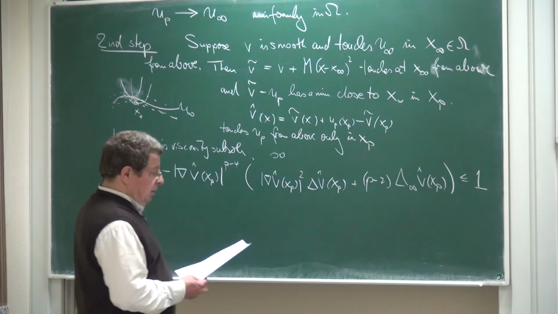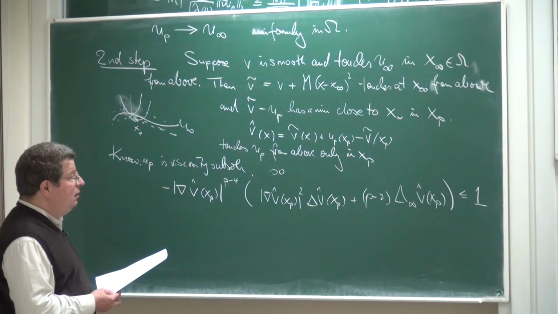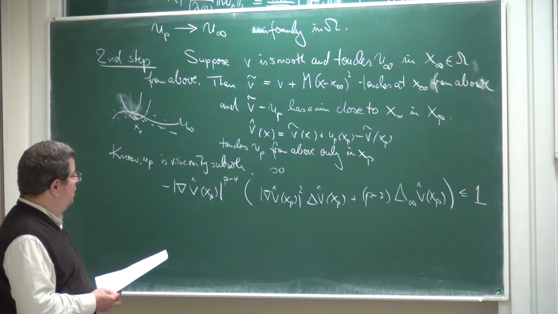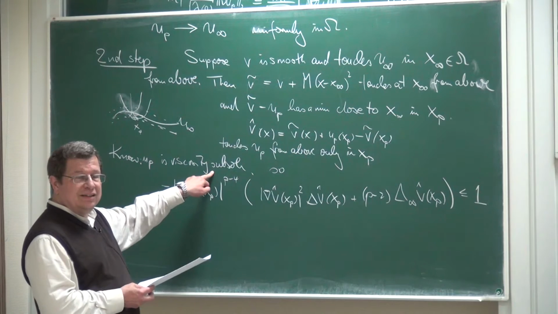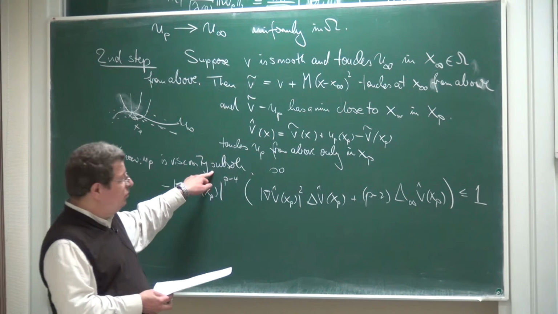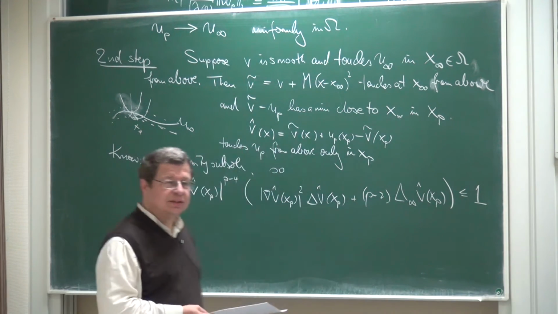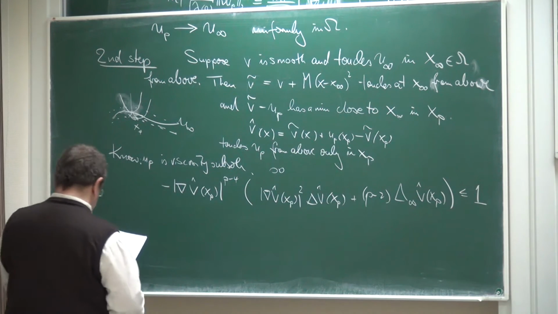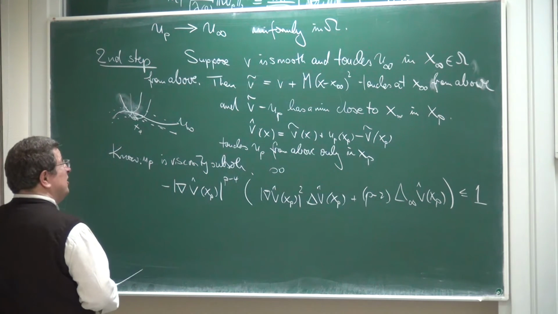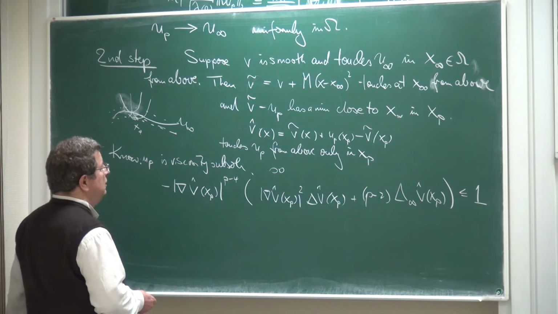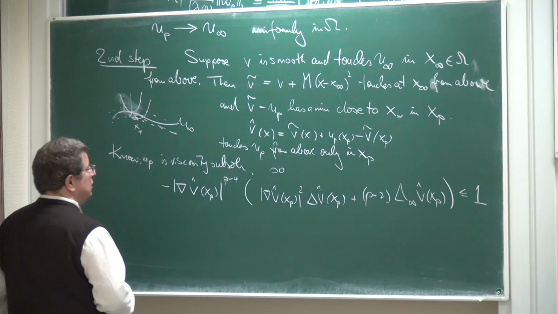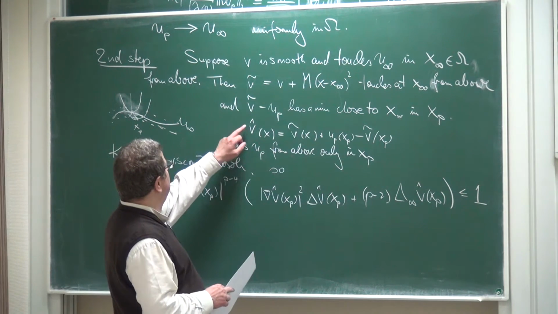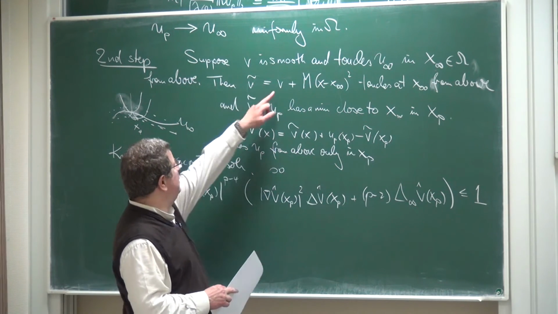Why less or equal? Because it's a subsolution. Yeah, u_p is a viscosity subsolution, and therefore we have here this inequality sign. For supersolutions, we have the opposite sign. Now, the gradient of v does not change in passing from v hat to v.